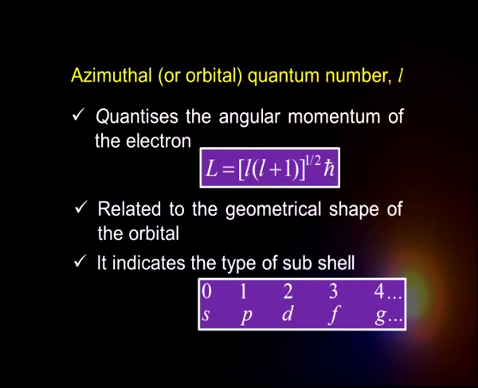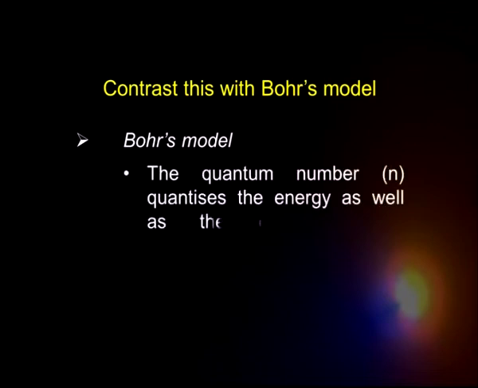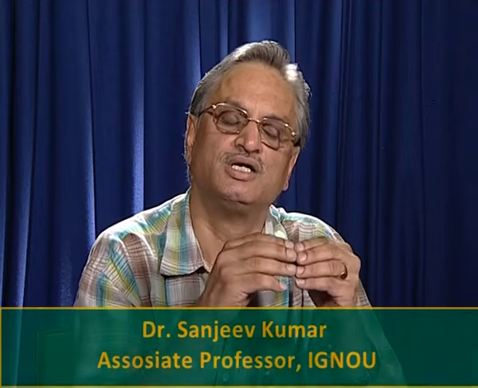Let's try to see. If you recall Bohr's model, we had only one quantum number n, and that quantum number was quantizing the energy as well as the angular momentum, because you remember that E was equal to h nu, that is the quantization of energy, and L was equal to nh by 2 pi.